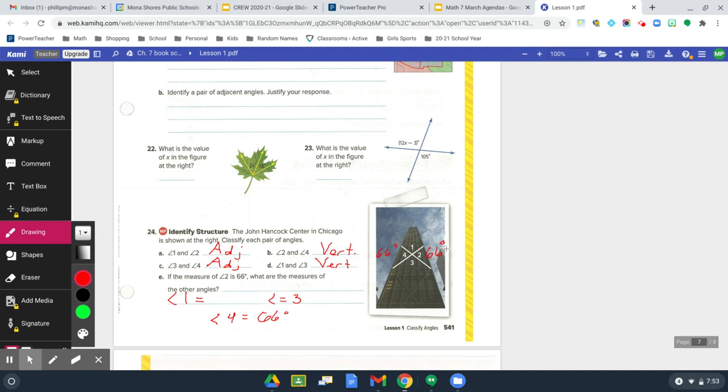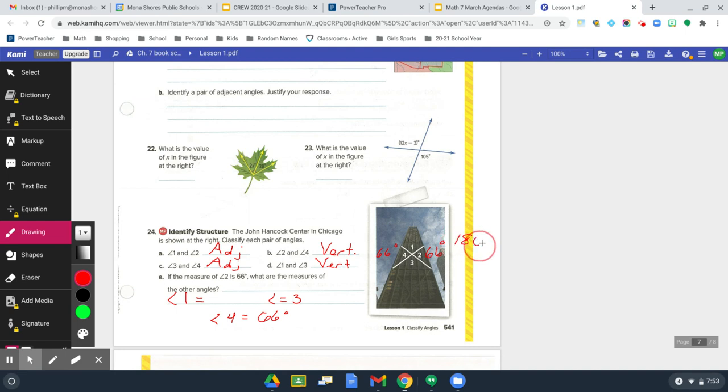We know angle 2 is 66. We know that angle 1 and angle 2 are being formed from this straight line here. And this straight line is 180 degrees. So if this straight line is 180 degrees, I need to know what angle 1 is.